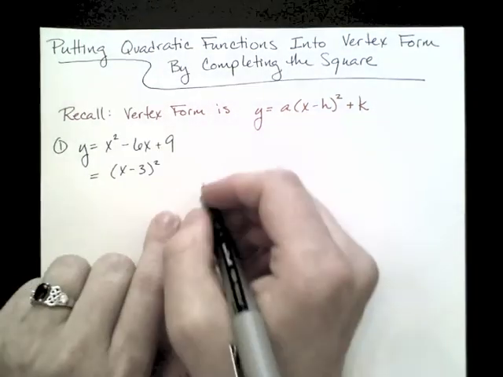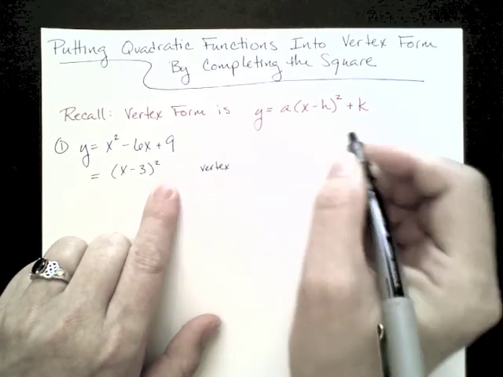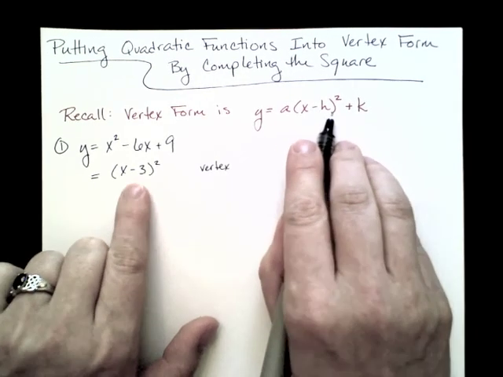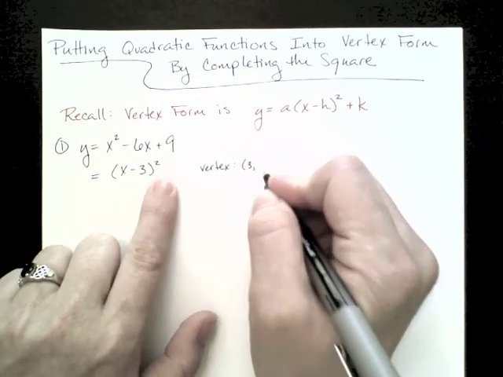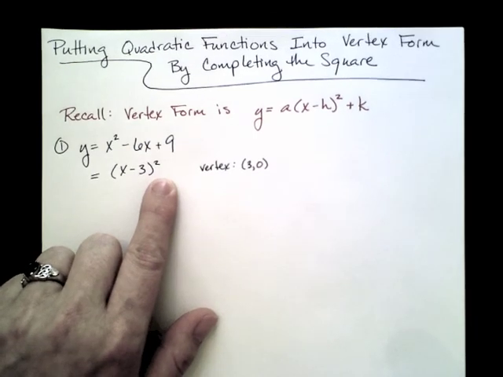We are already done. And the vertex, remember the vertex is h, k, and this is x minus h. So the vertex is 3, comma, well, there is no k, so the y-coordinate of the vertex is 0.